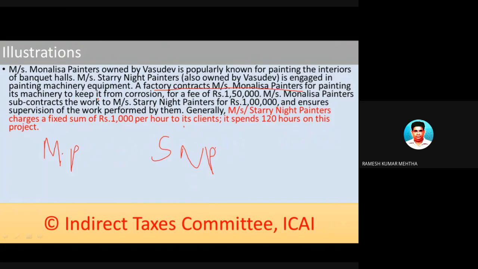So Mr. X is contracting Mona Lisa Painters to see that this particular machine, which is to be painted, is painted. At what price has it been transacted? At 1,50,000 rupees. This is one part. Now Mona Lisa Painters is subcontracting to this guy for 1 lakh rupees.